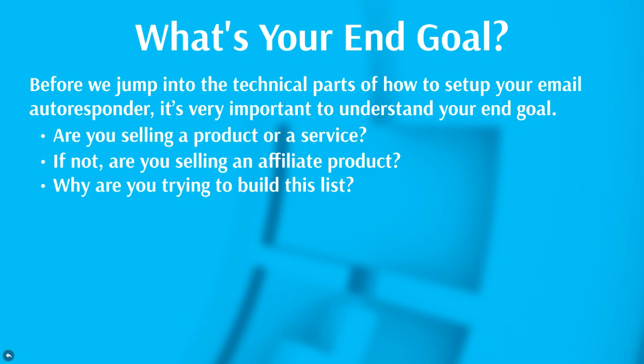Now, if you're selling an affiliate product, on the other hand, then you may not be required to do all of that. Instead, you can provide a little bit of value and build that relationship up front. And then, of course, you can sell somebody else's product. So it's similar, but it's slightly different. But knowing your end goal is key. So if you're selling a product or service right now at this very moment, then write that down. If you're not, and you're selling an affiliate product right this moment, then jot that down.